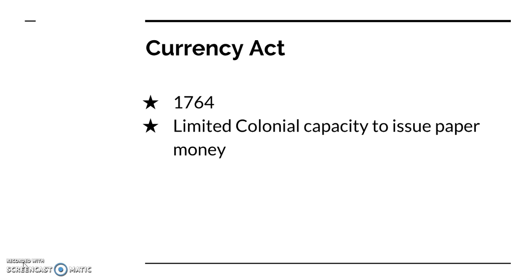It was designed to force the colonies to pay their debt in gold or silver for any money they owed Britain or owed to British creditors. Previously, the fear had been that they would simply print worthless or next to worthless colonial paper money and then use that paper money to try to pay off their debts. This was an attempt to put a stop to that.